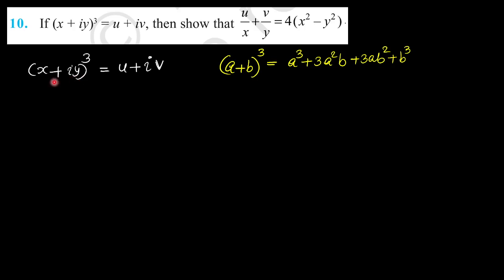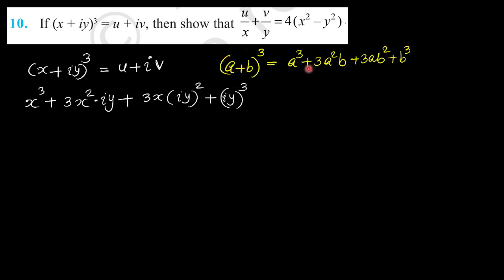This we have studied. So I am going to expand. I will clarify all your doubts. Let me write some three steps here. (x plus iy) all cube is (a plus b) whole cube form. So using that identity, x cube plus 3x square iy plus 3x (iy) square plus (iy) all cube.